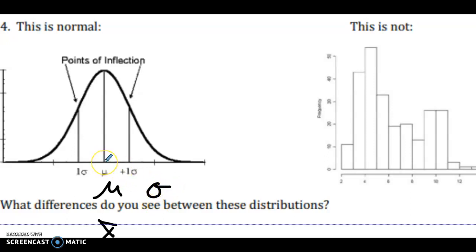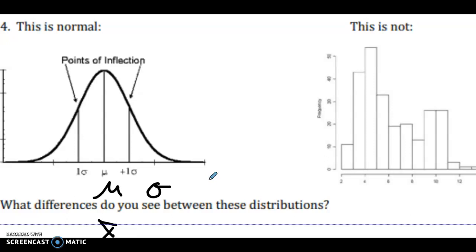So standard deviation just tells how far data points are from the average. So if I said it's 1 standard deviation away, a positive one, that would be 1 to the right, or a negative one would be 1 to the left. And 2 standard deviations, and 3 standard deviations, and so on.